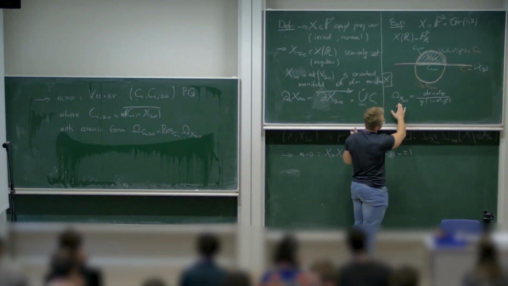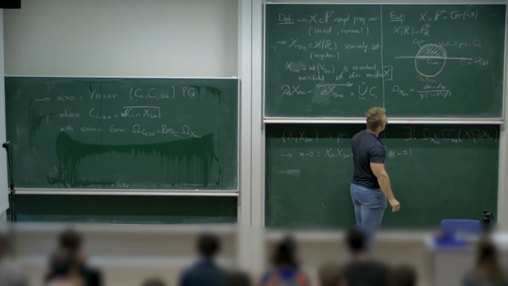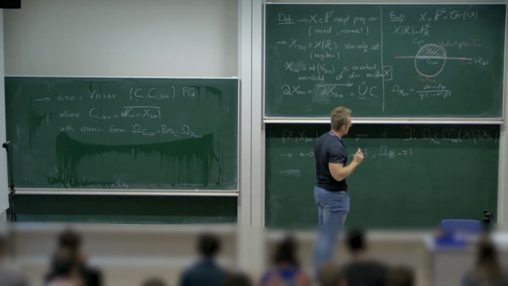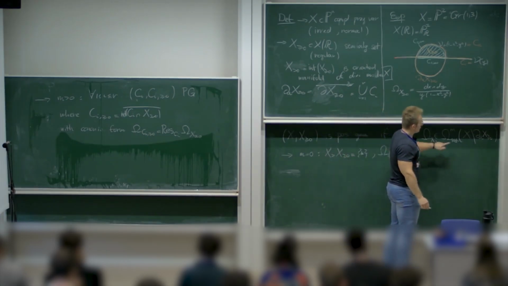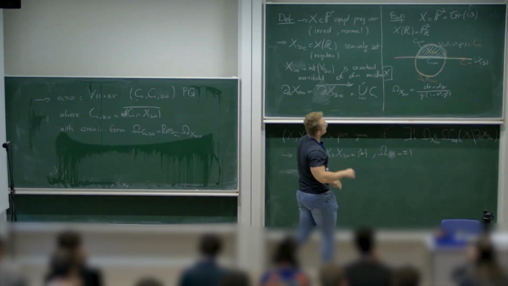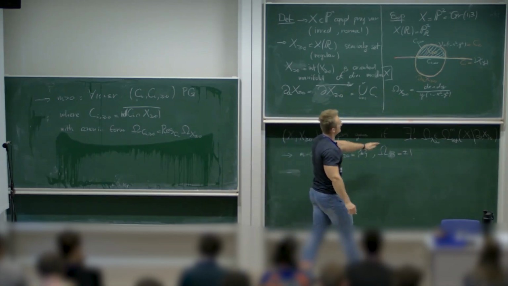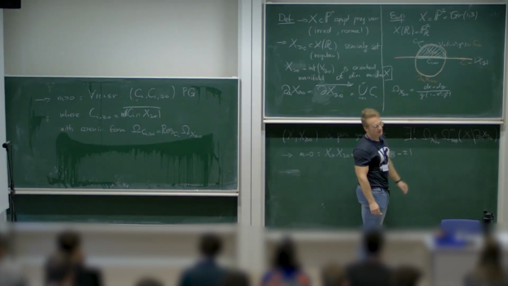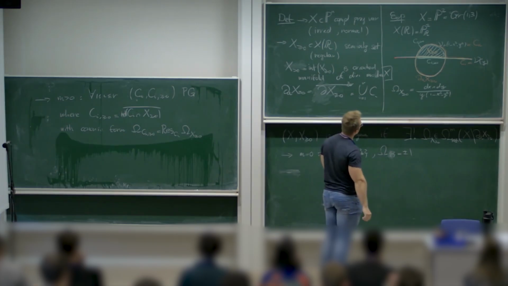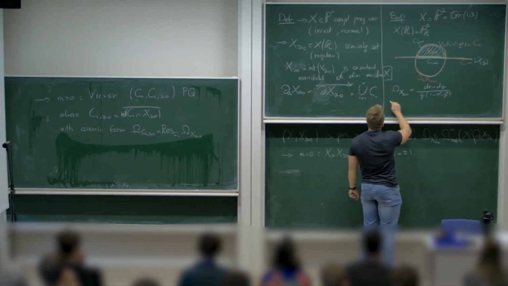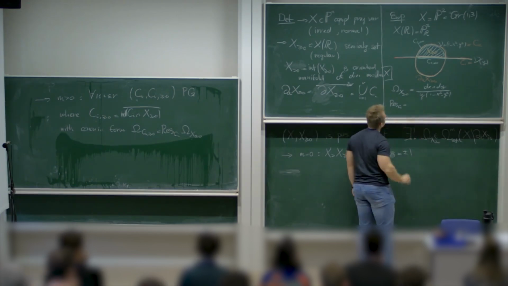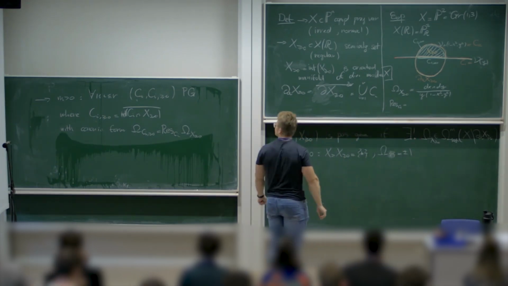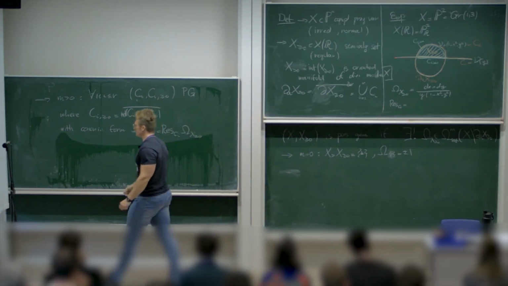It's a complex form, so x and y are points in the complex space. This is a smooth form on the complement of the algebraic boundary. It has poles exactly on the algebraic boundary, so it's smooth on the complement. And we should check the residues, for example the residue along C1. Well, C1 is the vanishing of... I should tell you first what a residue is.